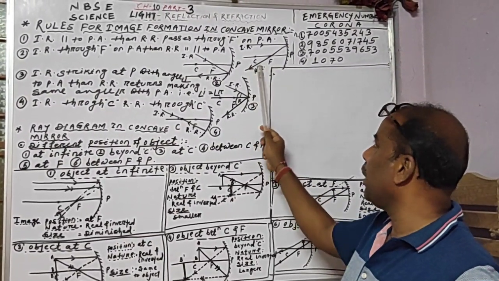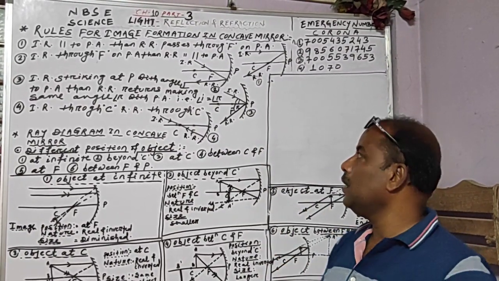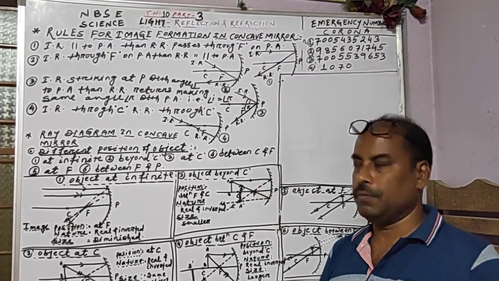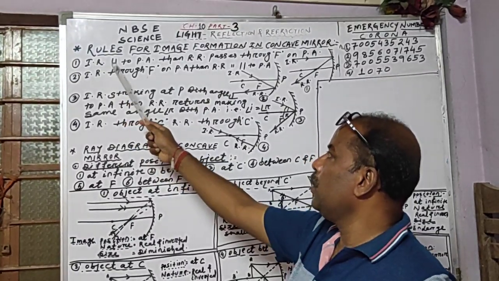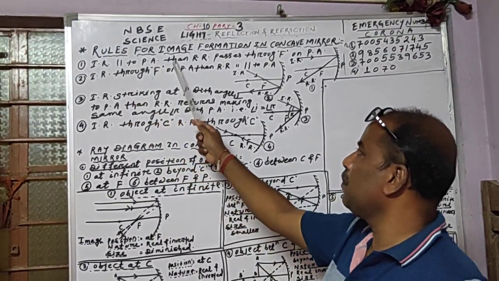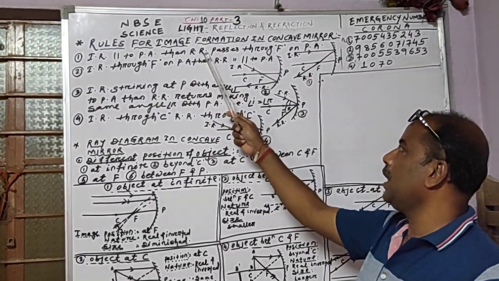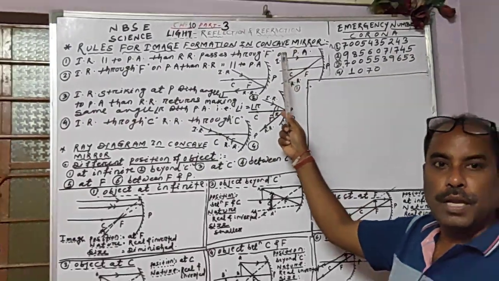That returning ray is known as the reflected ray, and this is the principal axis. Already I have discussed it in an earlier class. So the first rule is: an incident ray which comes parallel to the principal axis, after reflection, the reflected ray passes through the focus on the principal axis.